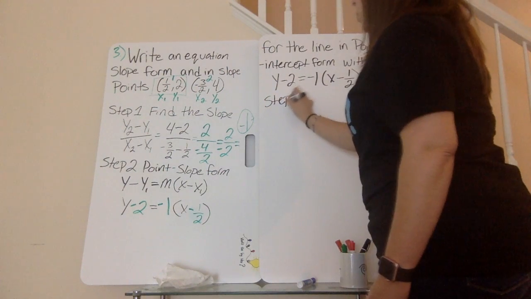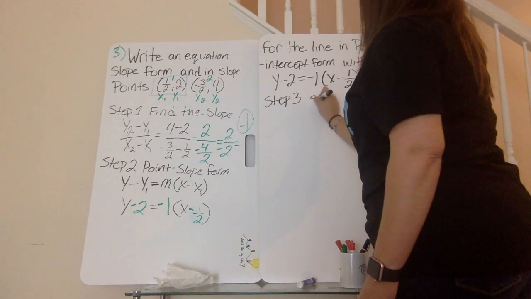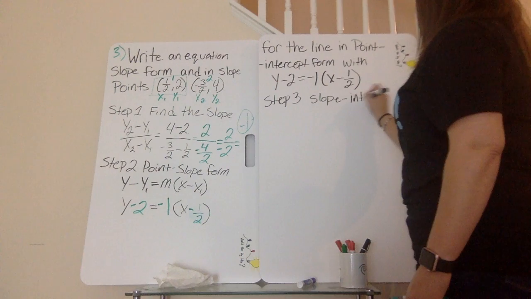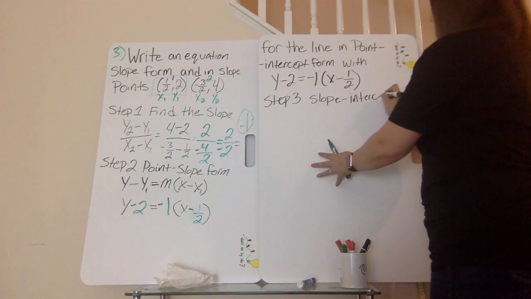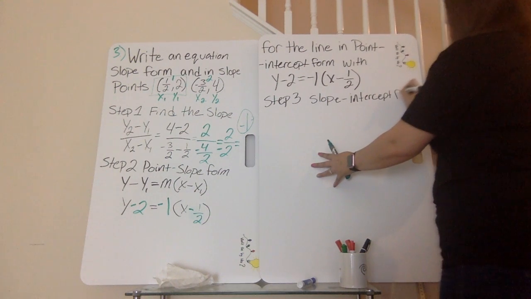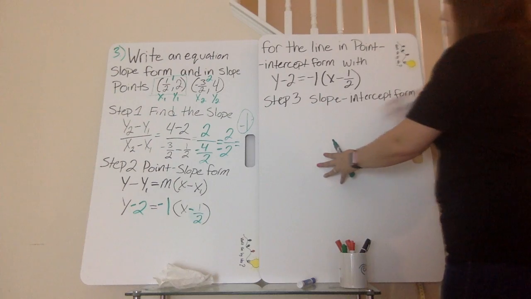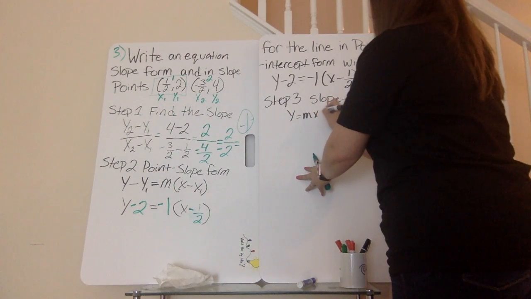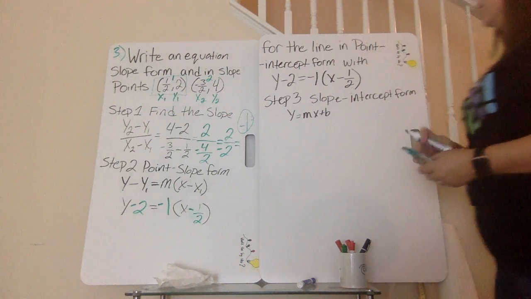So in step 3, we're going to do the slope-intercept form. In the slope-intercept form, I'm looking for y equals mx plus b.